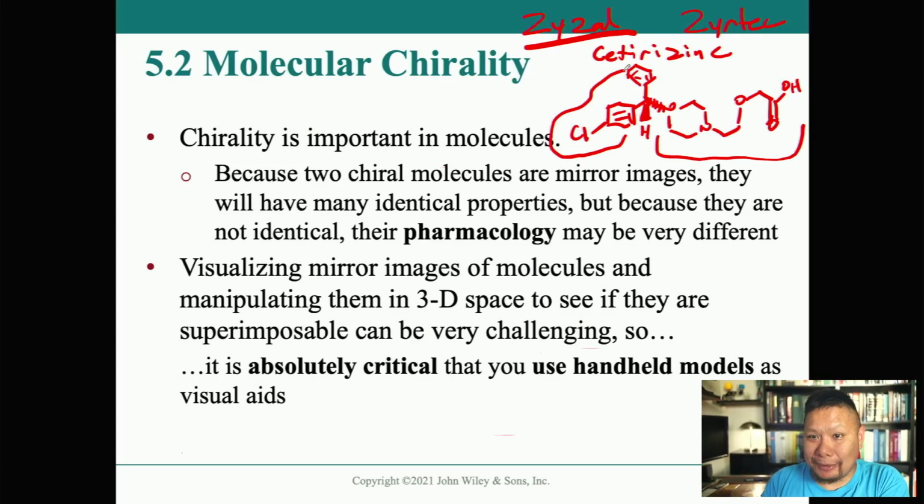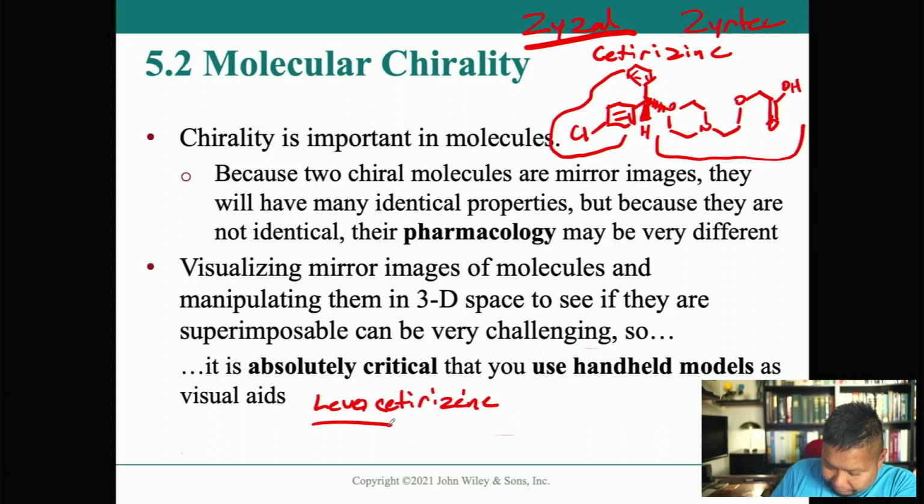Xyzal is the exact same molecule as Zyrtec, except it's called, I'm going to draw it down here, levocetirizine. And we'll talk about more levorotatory molecules later. But it's called levocetirizine.